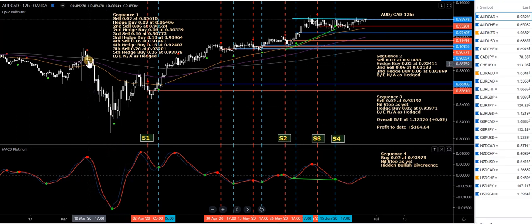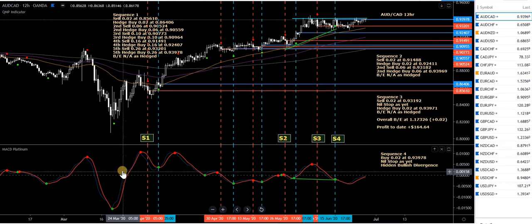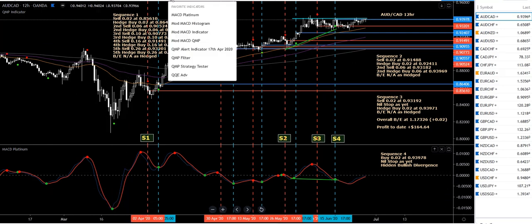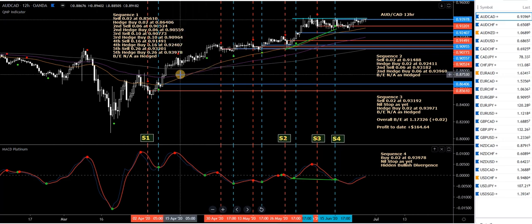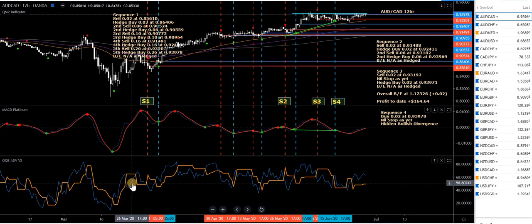These green and red dots on the price chart are called the Qmp filter. They're not an actual indicator as such, they're just more of a visual aid. They are made up of a combination of the cross or the dots on the MACD Platinum and another indicator called the QQE Advance, which I don't need to display on the chart, but it's uploaded to the platform.